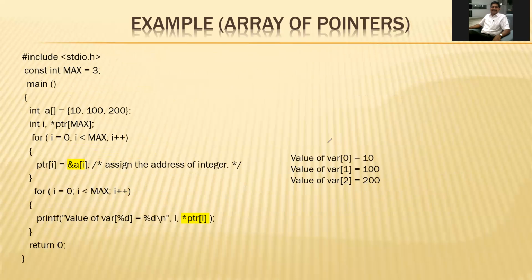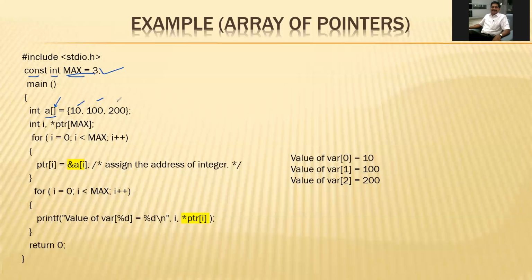This is the example where we declared MAX, the maximum value, as 3. This is an integer and it's a constant value. The array A is not declared inside this bracket, so there are only 3 values because we have declared it outside.